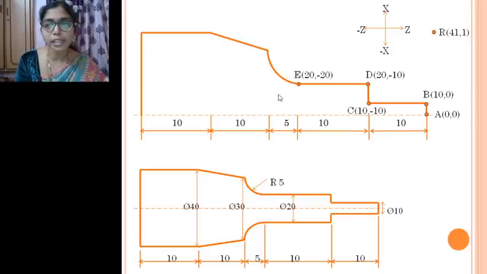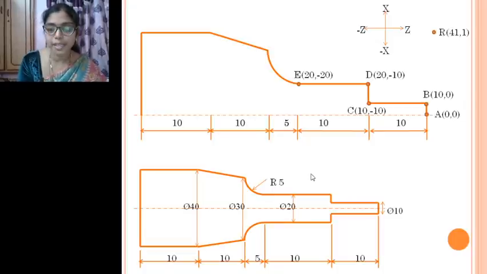Here you can see this is positive x and this is minus z. So minus 20. Right? So in the same way, if you write F point, now here the radius we are taking for this curved section is 5 mm, a curve with a radius of 5.